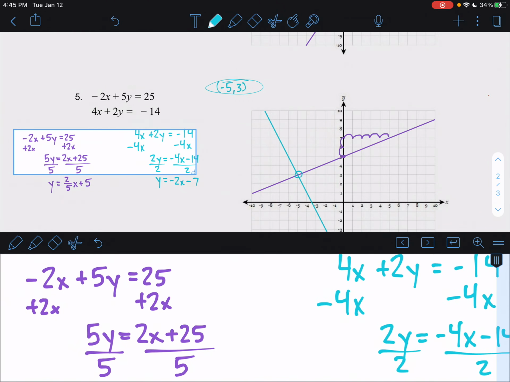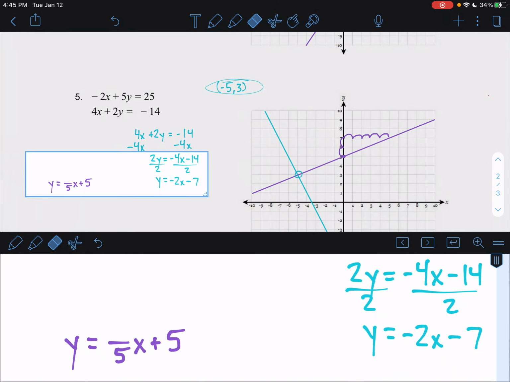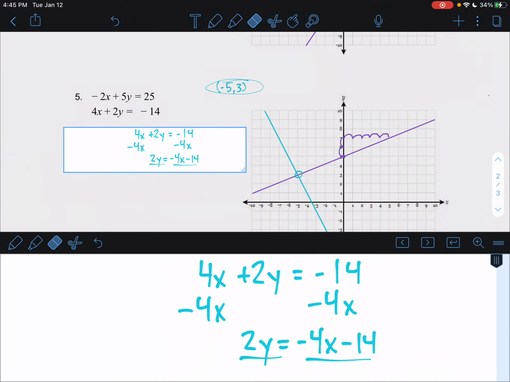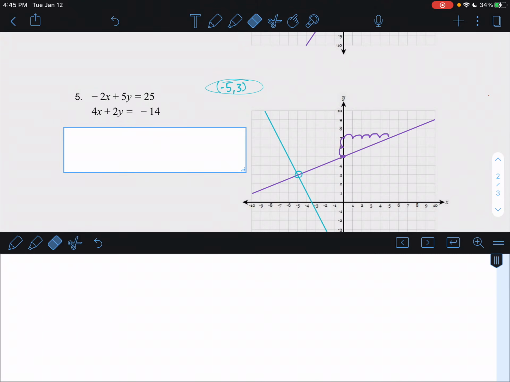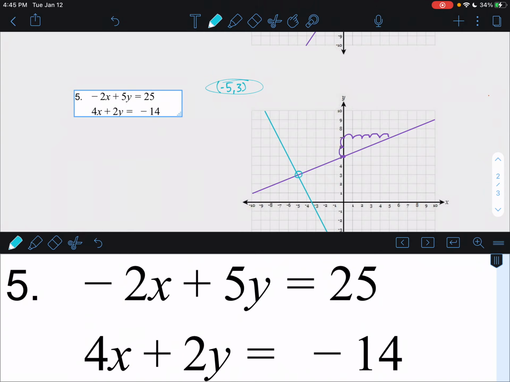So let's do substitution next. All right, so for substitution, I want something that I'm going to be able to solve for pretty simply, and I don't see any immediate standouts because everything has a coefficient in front of it.